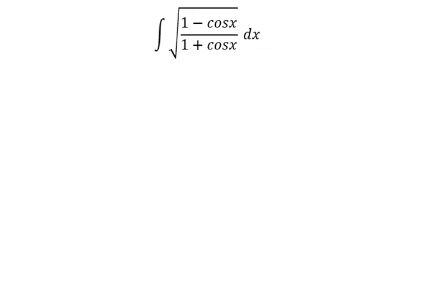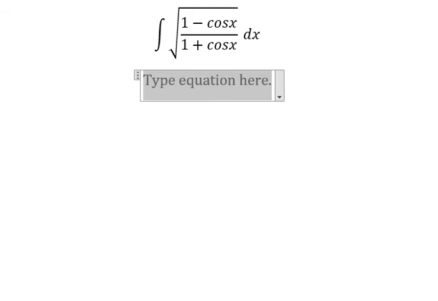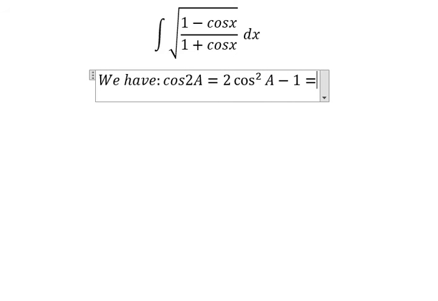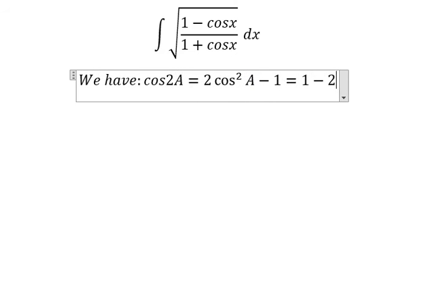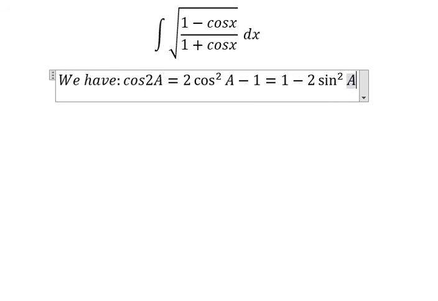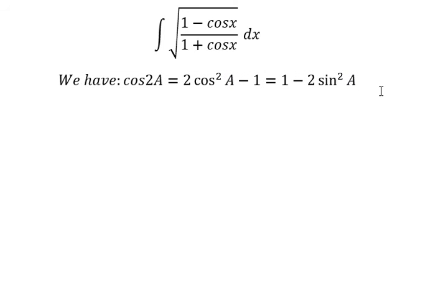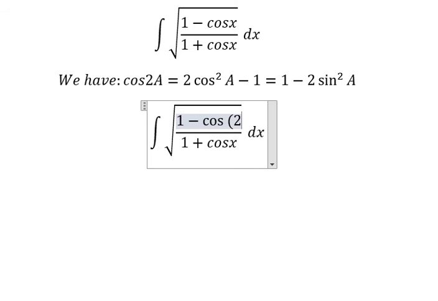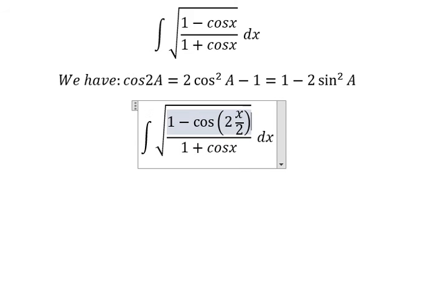We have the formula in here. Cosine 2x equals 2 cosine a squared minus 1, equals 1 minus 2 sine a squared. So if we look carefully at s, that's about number 2 multiplied by s over 2.